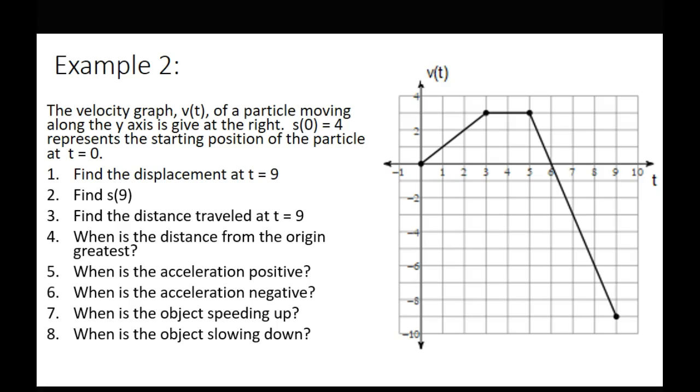So I'm trying to find when S of t, the position, is greatest. So I want to know when this number is greatest or least, right? Because whenever the position is greatest or least, that's when it's going to be farthest away from the origin, correct? So how do you find the maximum of a function?